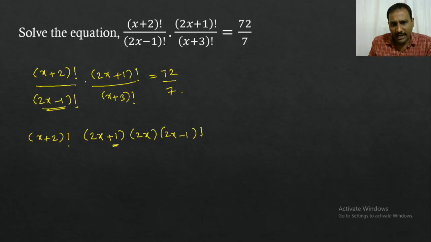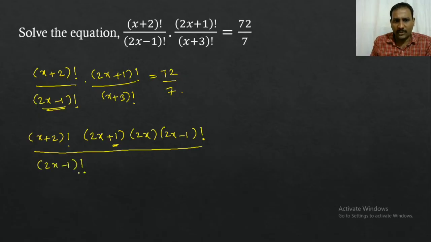And (x+3)! can be written as (x+3) into (x+2)!, because already we have (x+2)! here. So we can cancel these two terms and cancel these two terms.